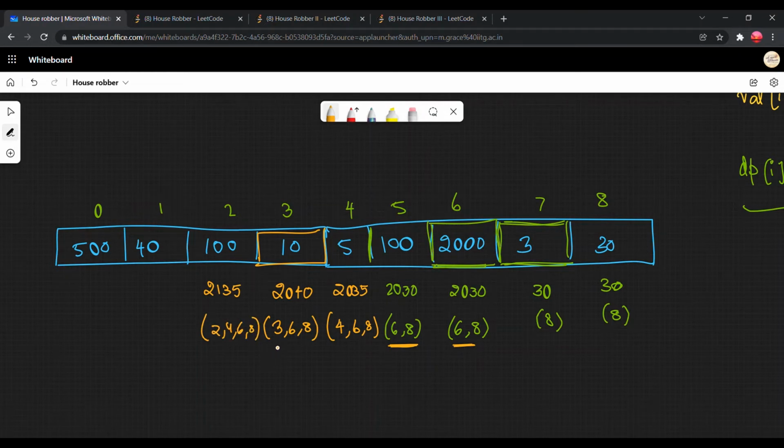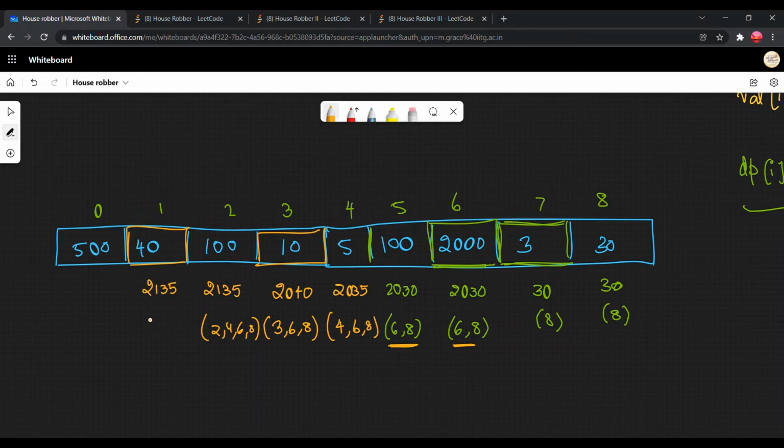Since whatever is the same in these two will continue for sure, we don't know if 3 or 2 or 4 are going to be constant, or in the final list at least. So he comes to 40. He can either get 40 plus 2040, that's 2080, or 2135, and he would go for 2135.